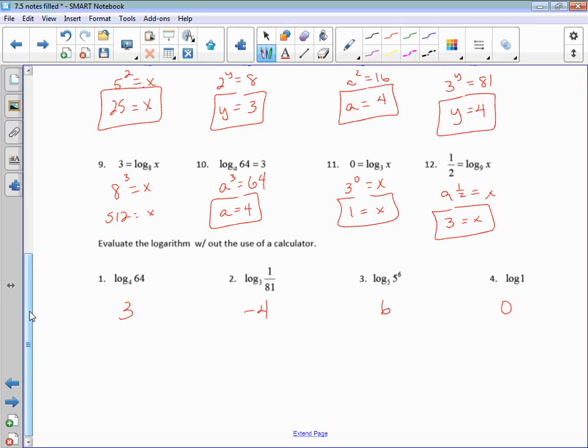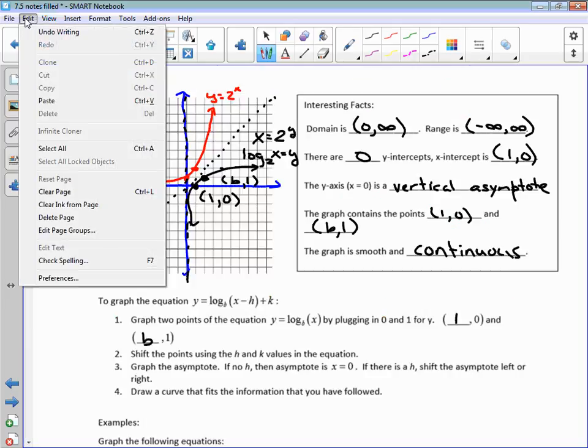Now we get to do some graphing, but with logs. Really not bad.